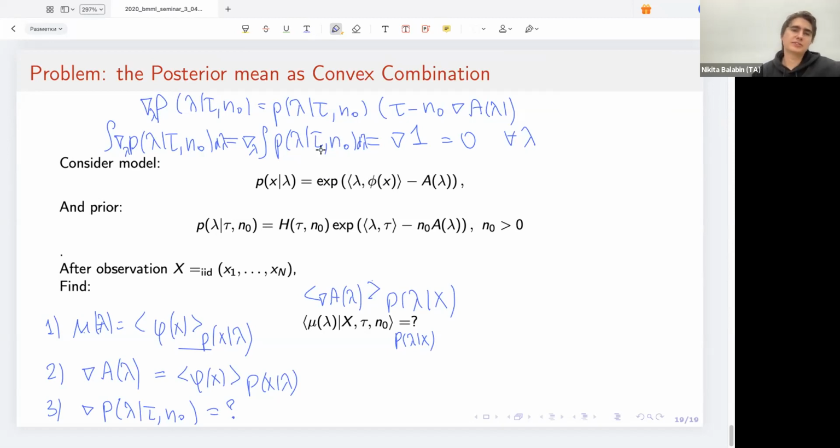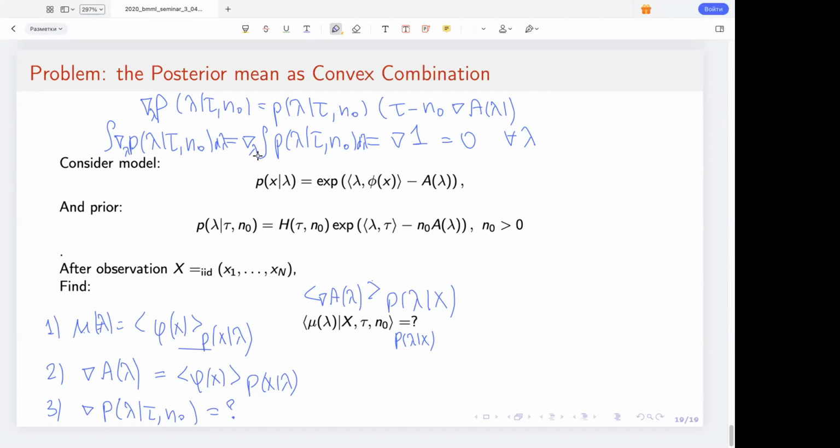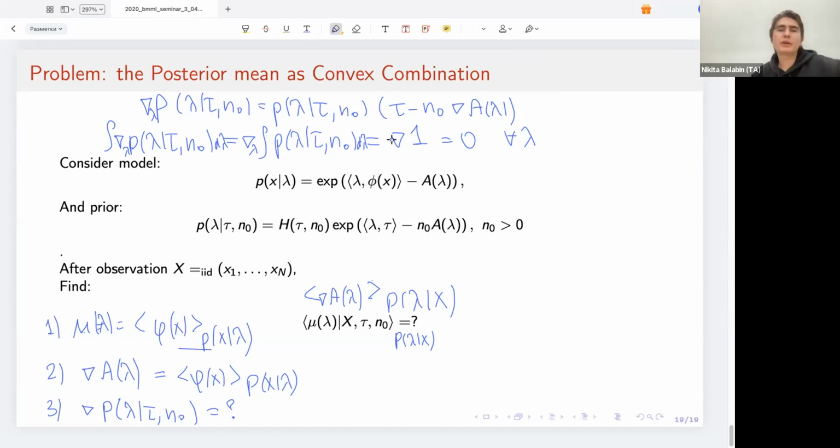Here we can take the gradient out because we have a good family of functions. If lambda were a parameter, not an integration variable, then of course we could take the gradient out. I understand. But maybe lambda is the integration variable.